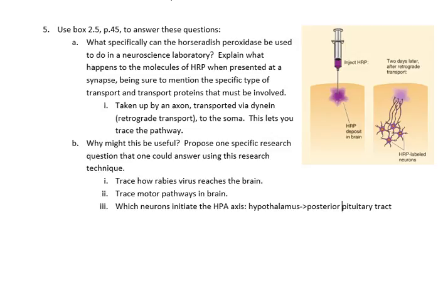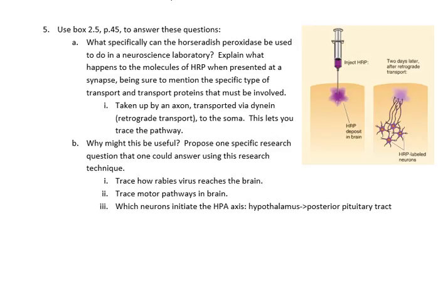So you would expect it to go from, for example, Wernicke's area, which informs Broca's area about what to do. You would expect to trace back to Wernicke's area using this horseradish peroxidase, and probably other areas that are also coming in. This is, I think, the utility of that particular stain.